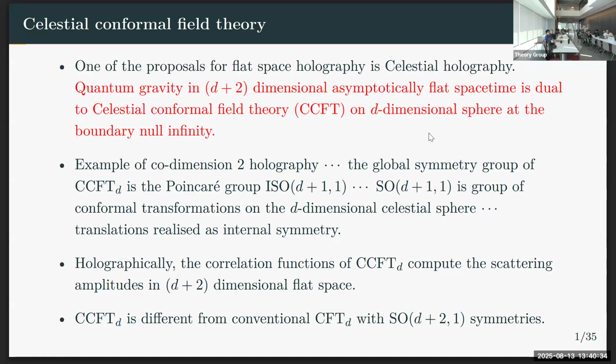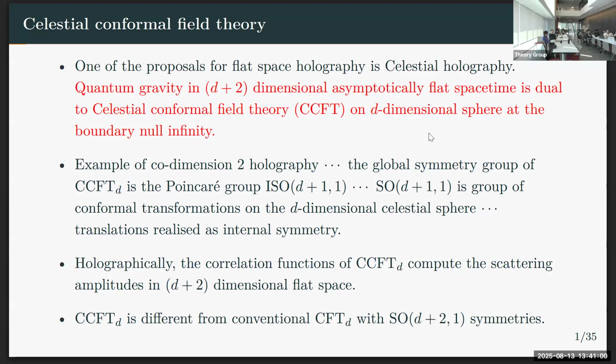The global symmetry group of this celestial conformal field theory is the Poincaré group, ISO(d+1,1). There is no surprise, because the same group is also the isometry group of (d+2)-dimensional flat space-time. From holography, we know that the dual theory and the bulk theory should both have the same symmetries. Therefore, this Poincaré group is the symmetry group of the CFT.